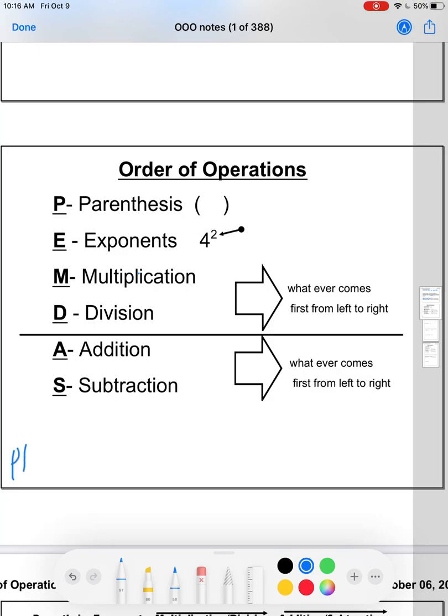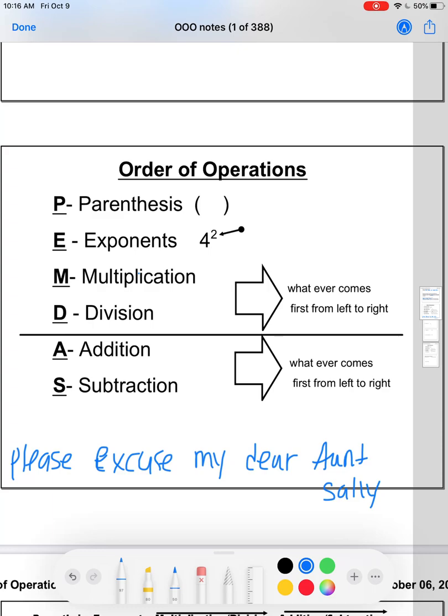Some people may have heard the term, please excuse my dear Aunt Sally, and that is also your order of operations. So either PEMDAS or please excuse my dear Aunt Sally will help you solve your order of operations.